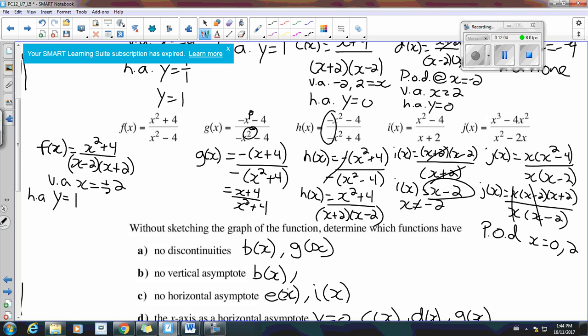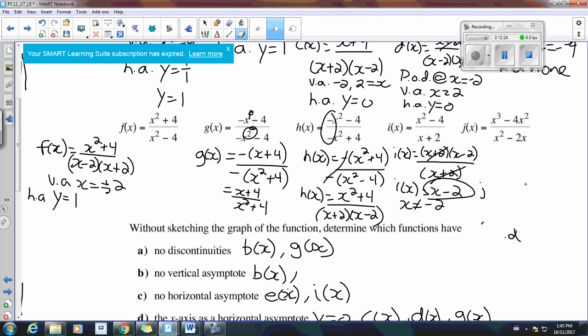But this gives us points of discontinuity at two values of x, 0 and 2. Oh, I made a mistake here. Sorry, I thought this was just x cubed minus 4x. Sorry, let's start this one over. I was reading this as minus 4x, not minus 4x squared.